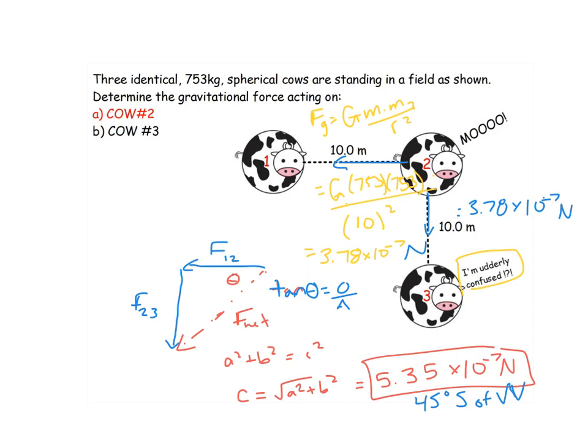The big idea here is that we need to add these vectors together tip to tail. I know in our forces and our kinematics this is something we're still figuring out. We also need to remember these trig ratios. If I have these two sides, I can find the third using Pythagoras' Theorem. And then I have my trig ratios of sine, which is opposite over hypotenuse, cosine, which is adjacent over hypotenuse, and tangent, which is opposite over adjacent.